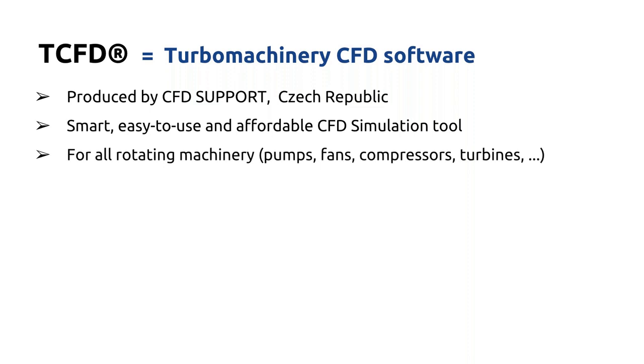It was designed for CFD simulations of all rotating machinery such as fans, pumps, compressors, turbines, turbochargers, hydro turbines, etc. It's designed both for radial and axial machines, both for compressible and incompressible fluid flows.